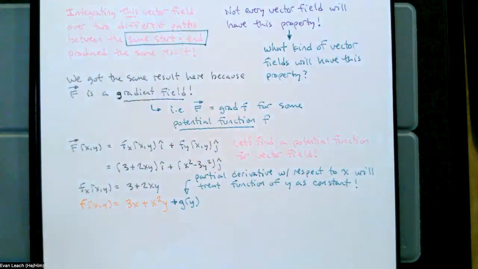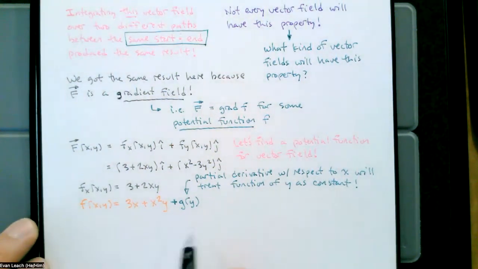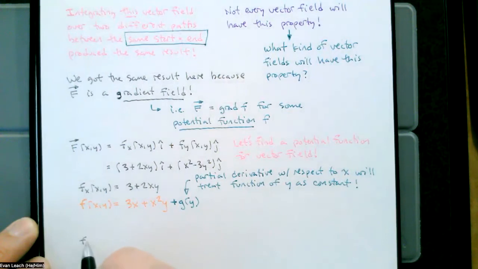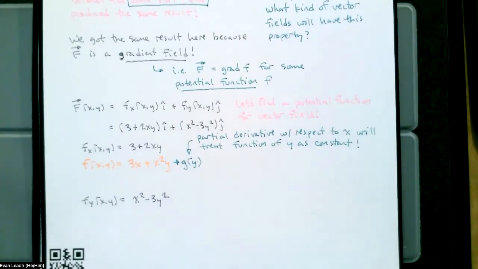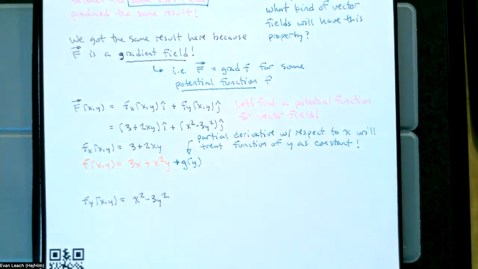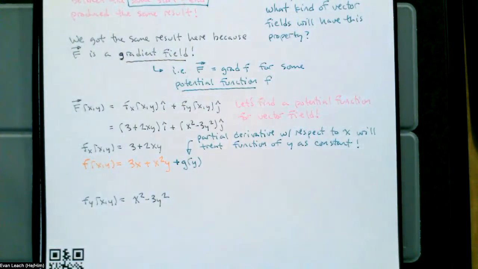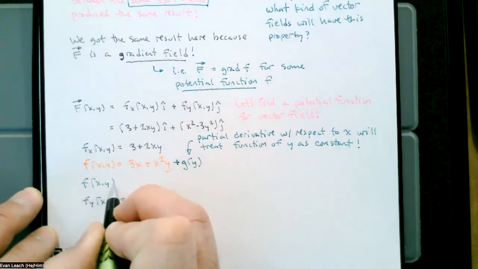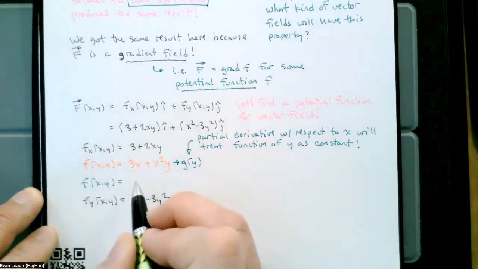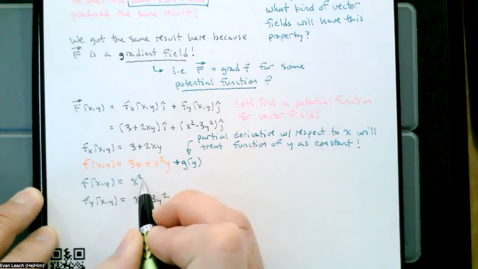Let's go over to the partial derivative with respect to y. Leave a space, and I'm going to put it down here and go up. So the partial with respect to y is x squared minus 3y squared. So let's integrate with respect to y. So f at xy, the integral of x squared with respect to y is x squared times y.